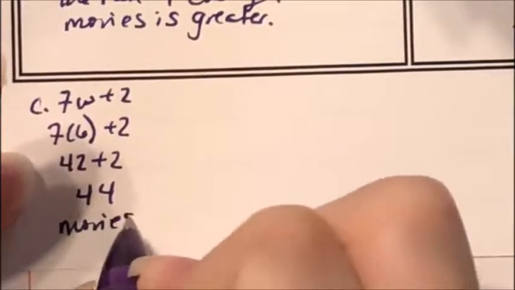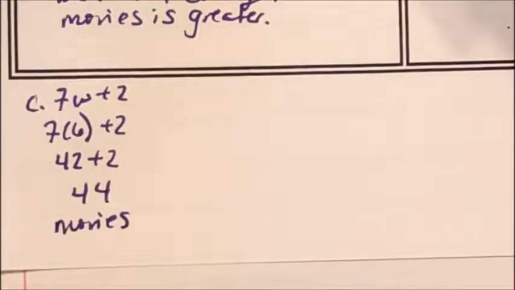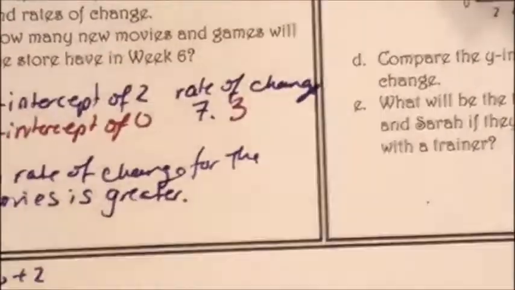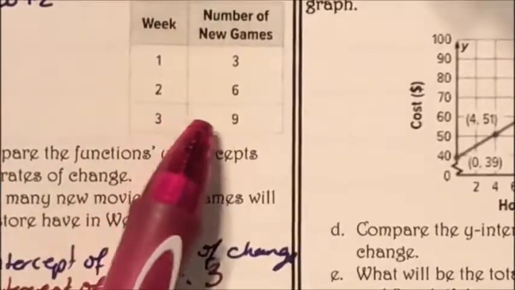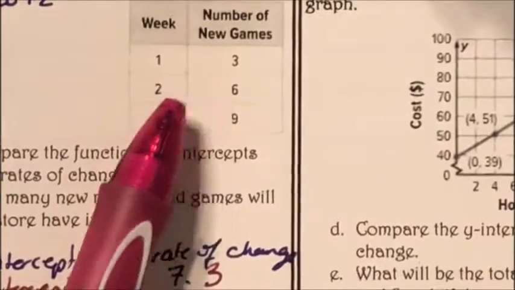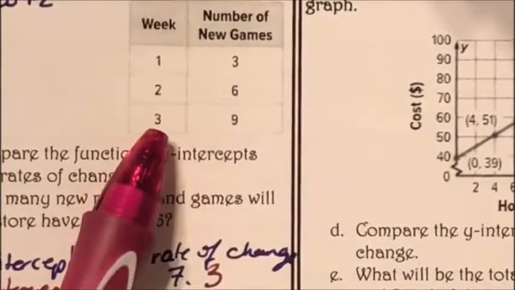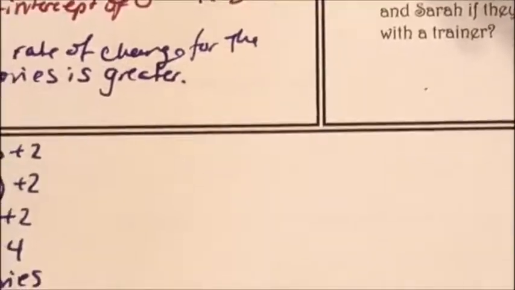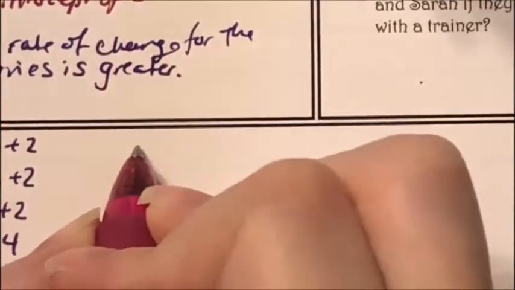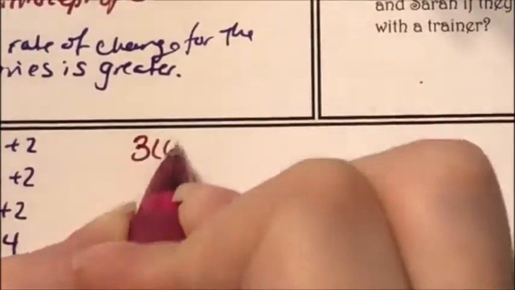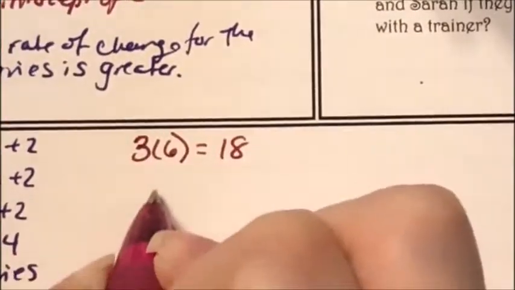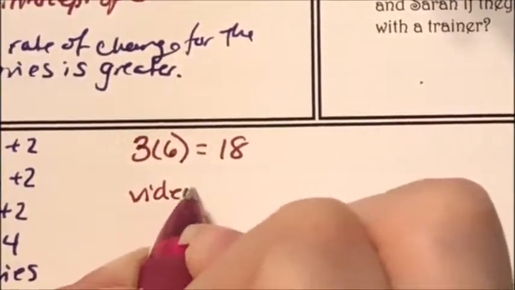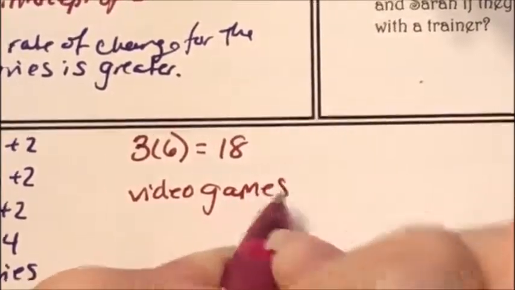So there'll be 44 movies. And then for my games, I can notice in the table that it's going up by 3 each time. So 2 times 3 gives me 6, 3 times 3 gives me 9. So I can multiply 3 times 6, which gives me 18. So there are 18 video games.